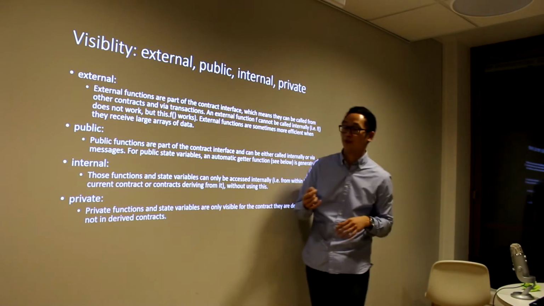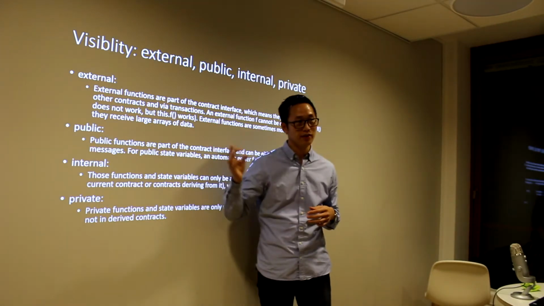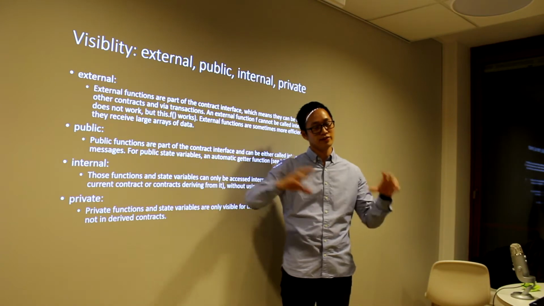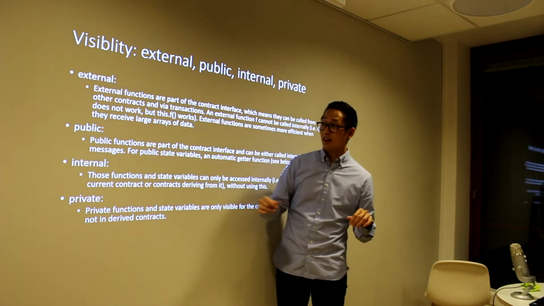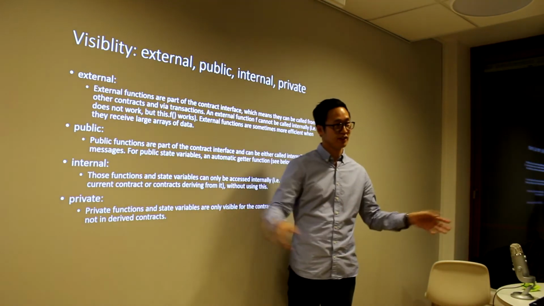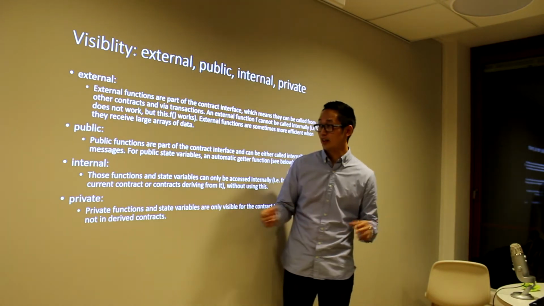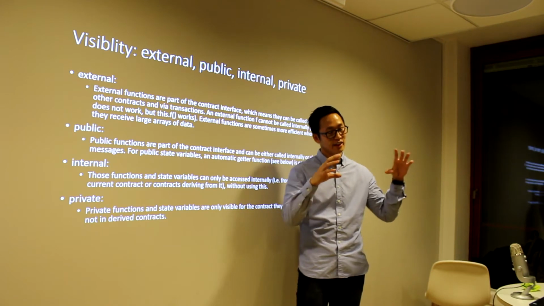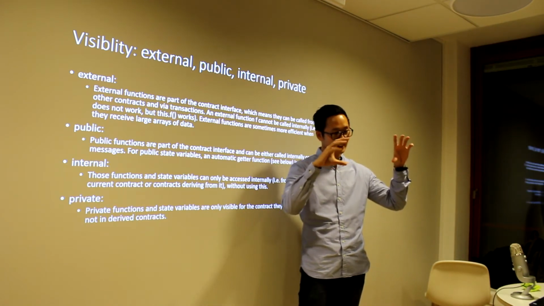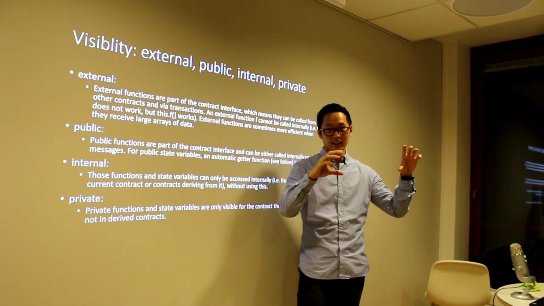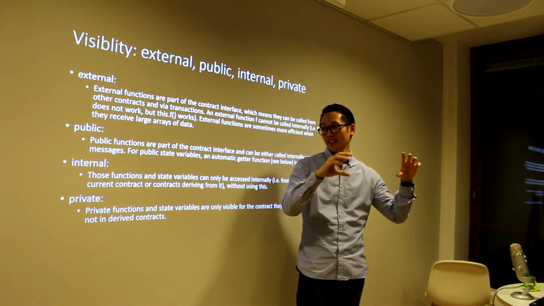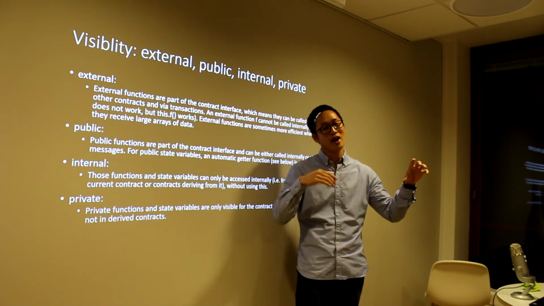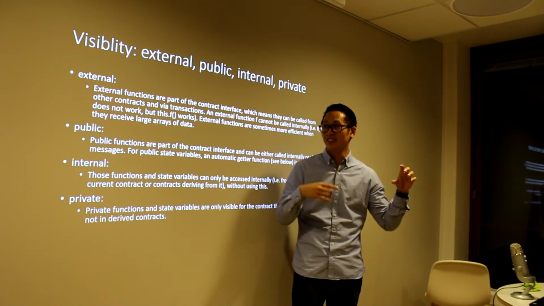And in Solidity, you have 4 different visibilities for a function. You have external, meaning that only external contracts can call this function. And you have public, everyone can call this function, any contract. And then you have internal: only the current contract can call this function, or contracts that derive from the current contract.